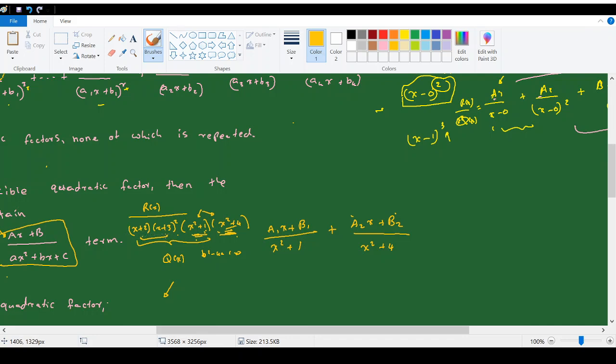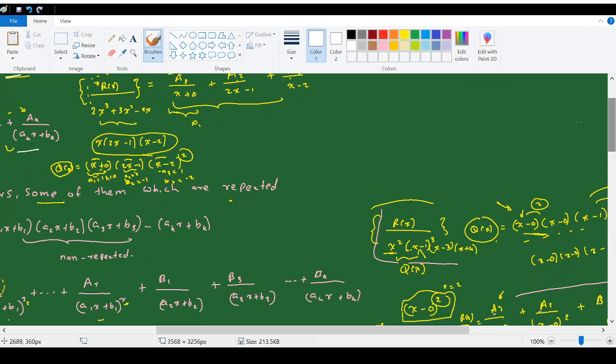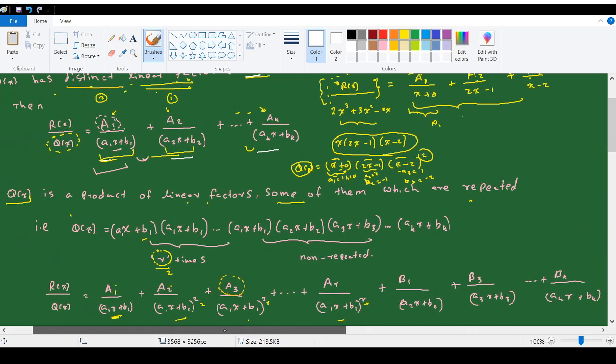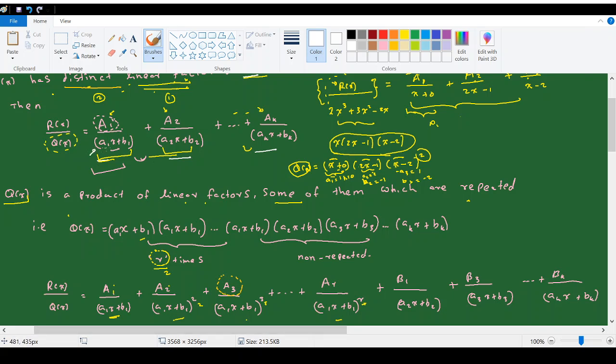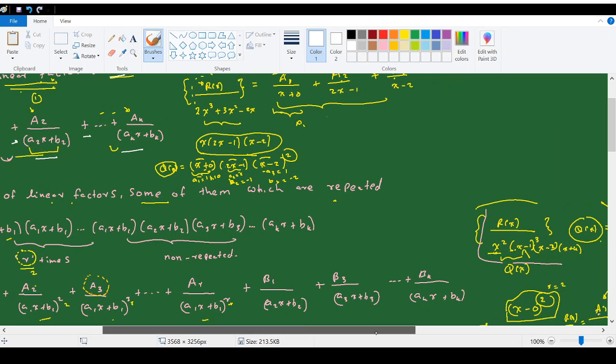These two things are linear factors, and this linear factor is not repeated, but this linear factor is repeated. If it is not repeated, that falls under the first category. So you just write down those non-repeated linear factors like this and allocate just a digit for the numerator.